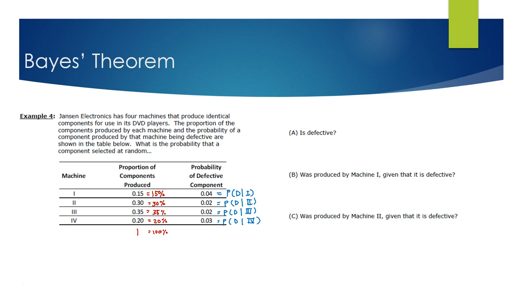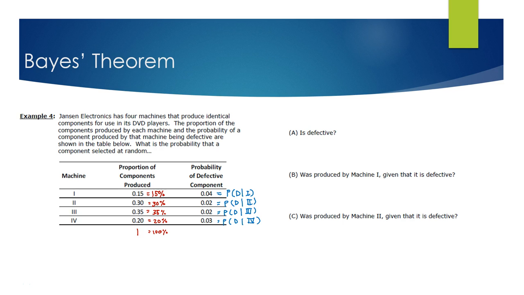But at the same time, I'm not given a whole number here, so I'm going to use 15, 30, 35, and 20 as the number of components. The numbers I come up with when I make my Venn diagram are going to have decimals involved, but they're based off of these percentages.